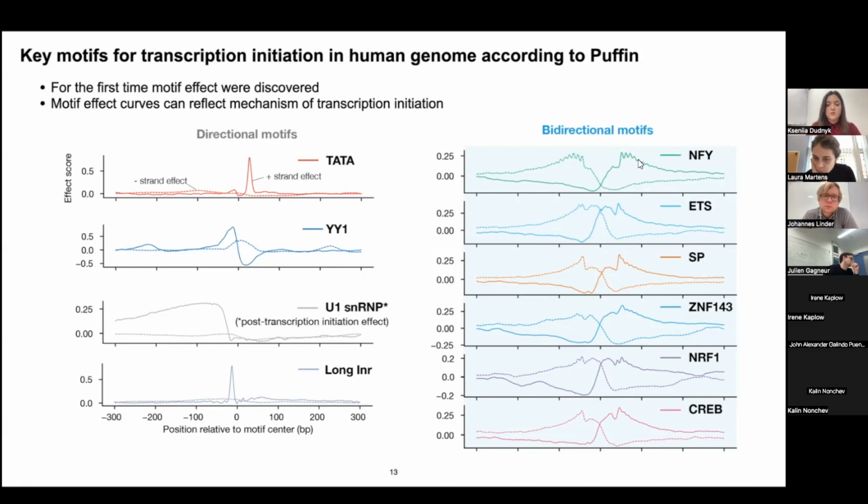And this corresponds to the 10.5 base pair helix turn. So we hope that in the future, scientists who study the molecular biology of transcription initiation can show that the mechanisms that they found are consistent with these curves that the model learned.